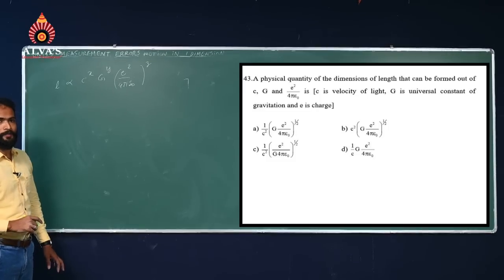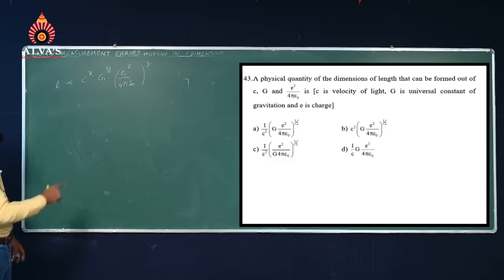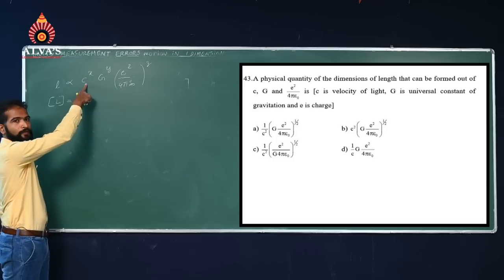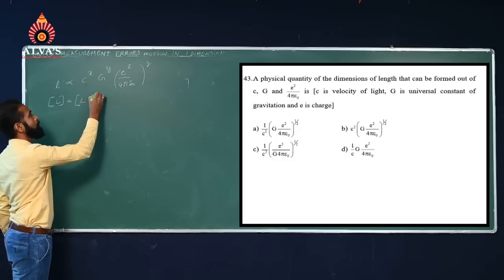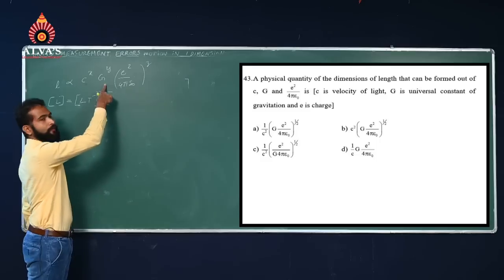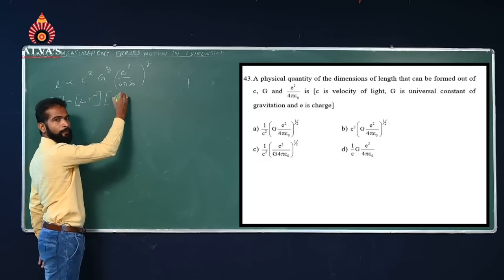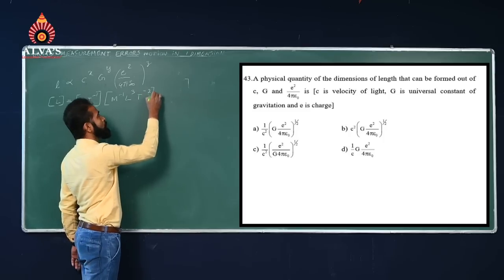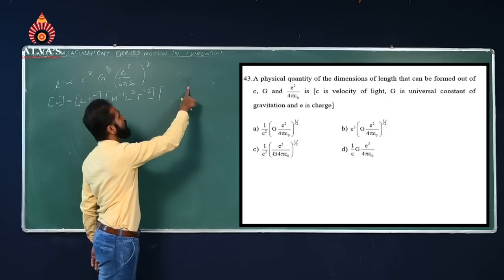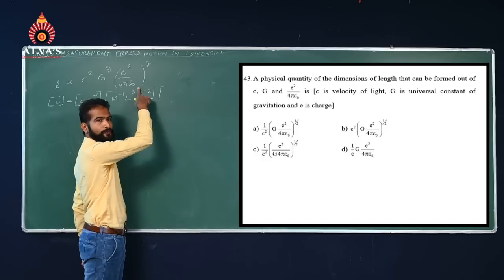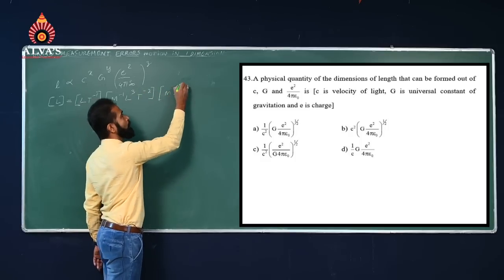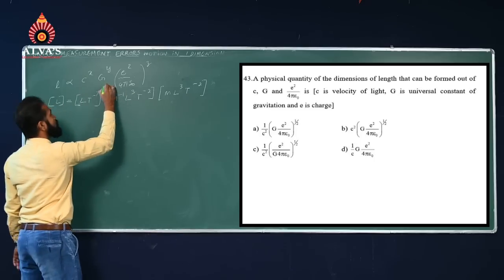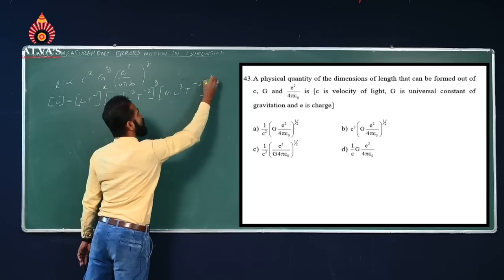Let us substitute the dimensions of the left hand side and right hand side. L has a dimension of length, C is nothing but a velocity, it has a dimension of L T minus 1. Universal gravitational constant has a dimension of M minus 1, L cubed and T minus 2. And the last quantity, E squared by 4 pi epsilon naught, has a dimension of M L cubed T minus 2, along with their powers x, y and z.